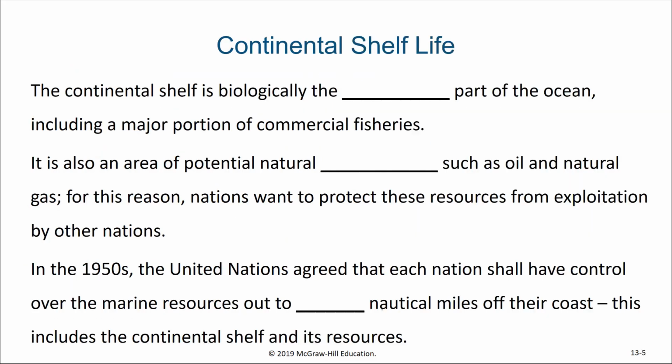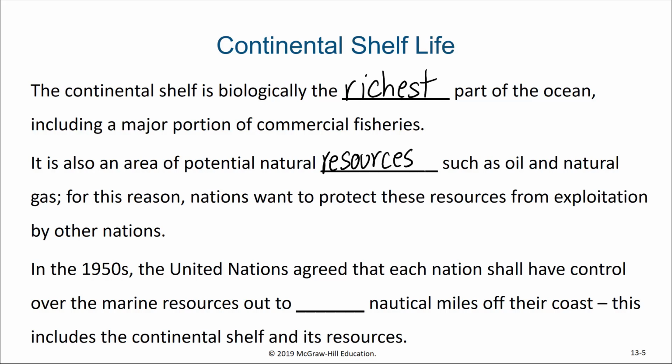The continental shelf is biologically the richest part of the ocean, including a major portion of commercial fisheries. It is also an area of potential natural resources, such as oil and natural gas.